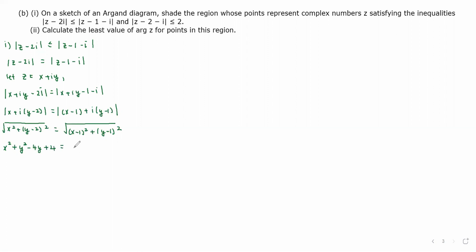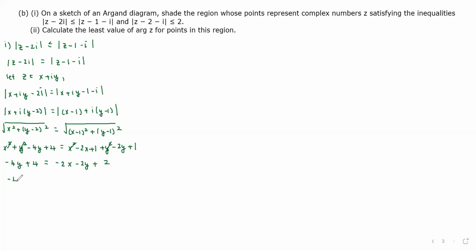On the right, we have x squared minus 2x plus 1 plus y squared minus 2y plus 1. Can cancel off the x squared and the y squared so that we are left with negative 4y plus 4 on the left. On the right, we have negative 2x minus 2y plus 2.